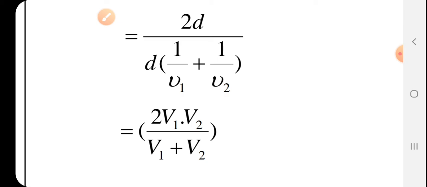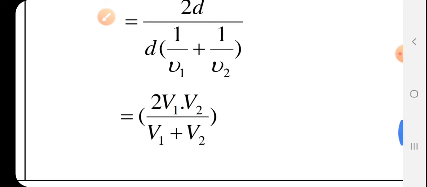Then calculate average speed. In this example, A to B remains the same. It means it's a hint for equal distance. So the result is 2 v1 v2 upon v1 plus v2, and we can calculate 2 multiplied by 20 multiplied by 40 divided by 20 plus 40.